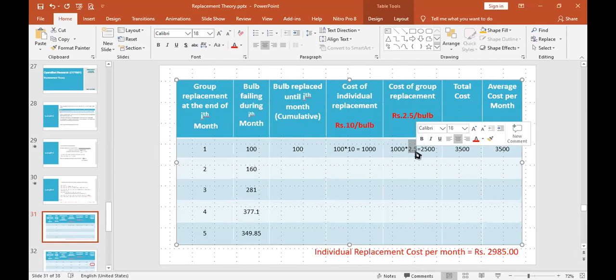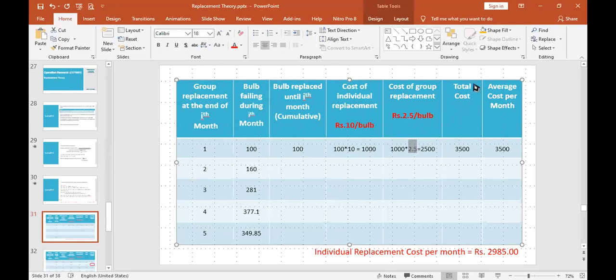And out of that, within the first month, 100 bulbs must be replaced because they failed. For those we must bear the individual cost, since 100 bulbs cannot be charged at 2.5. So it is 100 into 10, which is 1000.